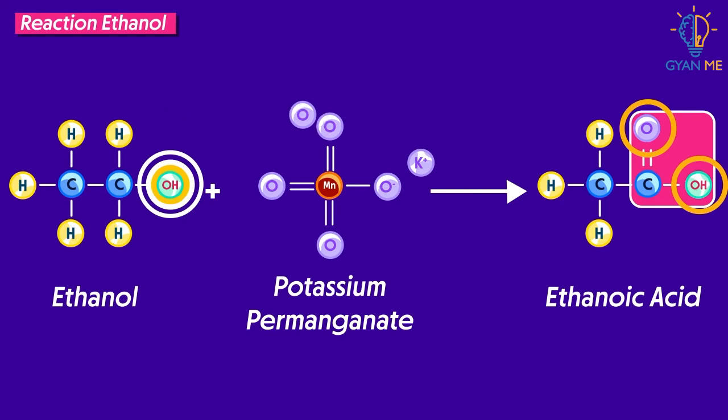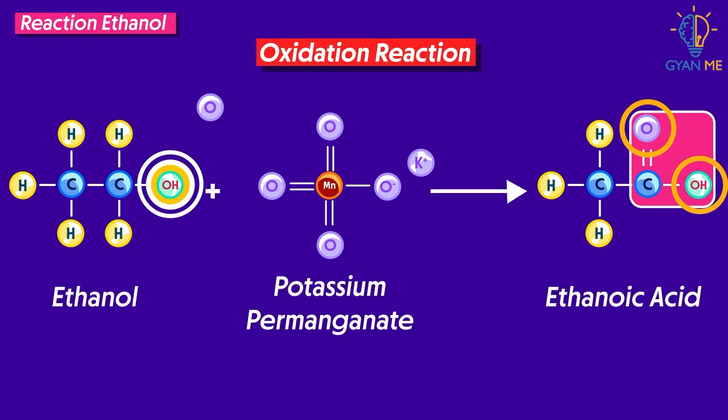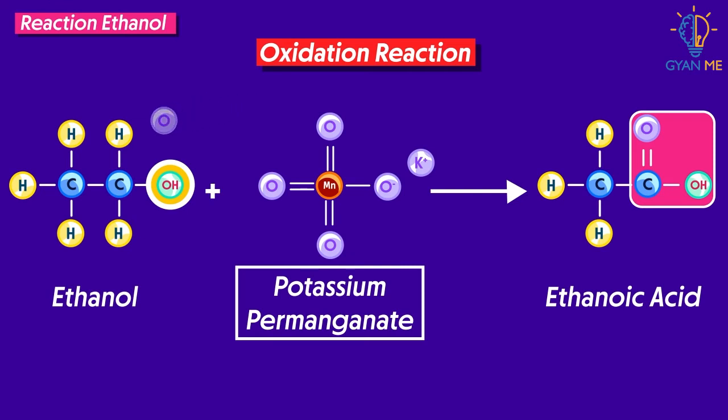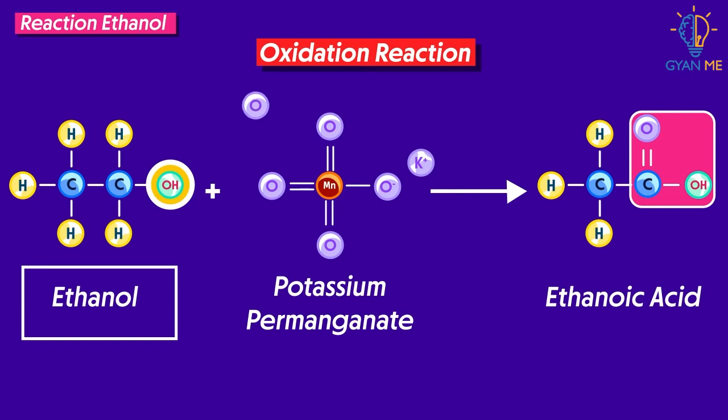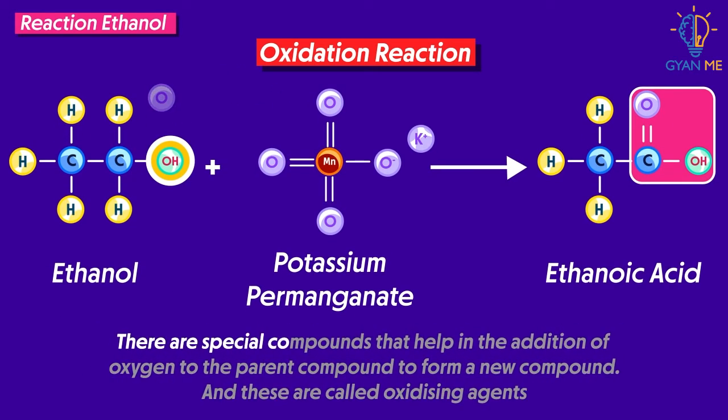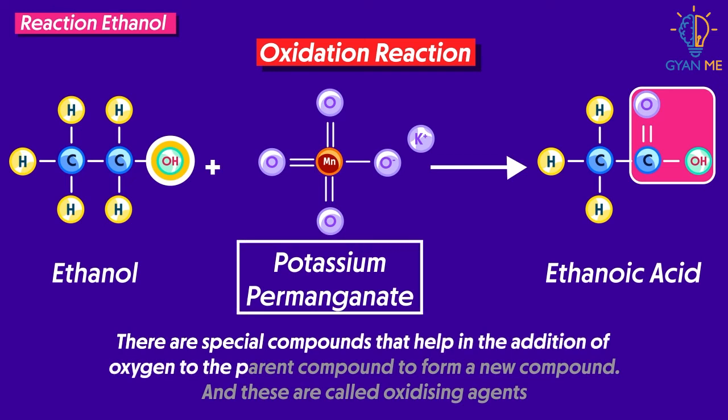Thus, this is the addition of oxygen, that is oxidation reaction. Also, we can say that oxygen is removed from potassium permanganate, isn't it? Yes. And it helps in the oxidation of ethanol. This is why we say that there are special compounds that are required in addition of oxygen to the parent compound to form a new compound. And these reagents are called oxidizing agents.